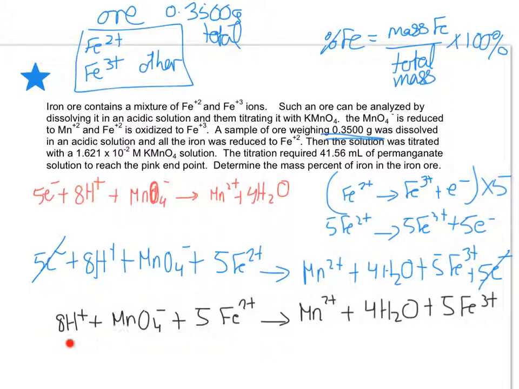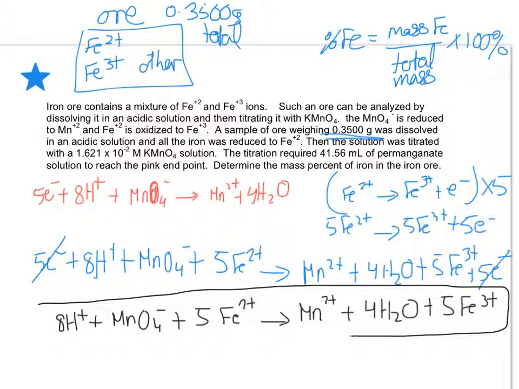So the total, this is plus 8, minus 1, and plus 10, so the total is plus 17 on that side. On this side we have plus 2, this is 0, this is plus 15, so plus 2 and plus 15 is plus 17, so it is balanced. So this is our balanced chemical reaction here. Now the reason why we had to write this is because any stoich calculation needs molar ratios, and so we needed to balance it here.